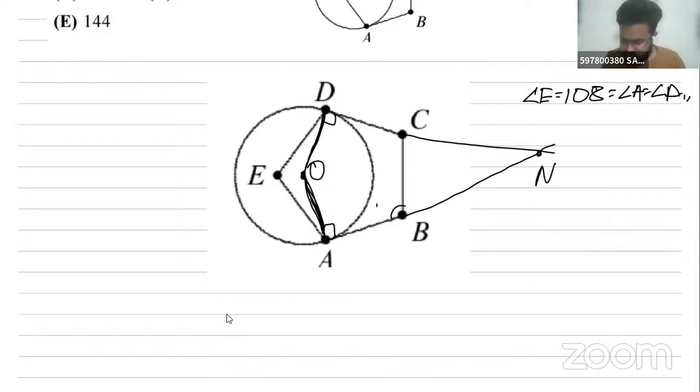This angle is 108, so this will be 72, 72, 72, 72, so 36. Now we have a quadrilateral AODN, sorry.